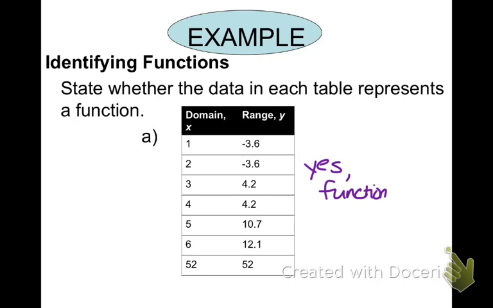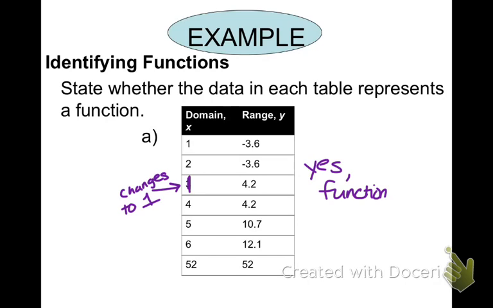If I were to change this problem, let's change this 3 into a 1. So if I changed this value here to a 1, now I have 1 being paired up with negative 3.6, but now I also have 1 being paired up with 4.2, which can't happen.